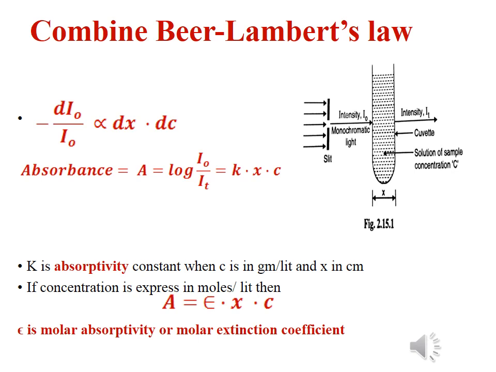And it is observed that the absorbance A is equal to log I naught by IT, which is equal to K into X into C. Here K is the absorptivity constant, C is the concentration of the solution, and X is the path length of the solution. The path length we will measure in centimeters. The concentration will be in gram per liter. If A is written as A equals epsilon X into C, here epsilon is the molar absorptivity or molar extinction coefficient.